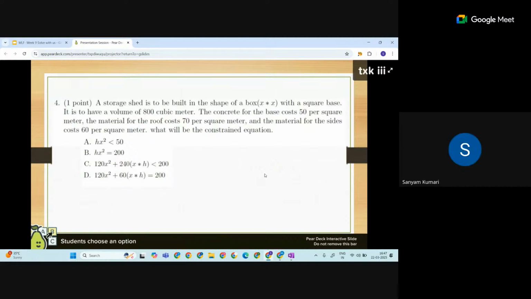That upper part will also be square, right? The material for the roof costs 70 per square meter, so that will be 120 x square. Oh, so that's why 120 x square is showing up. Makes sense. And the material for the sides costs 60.